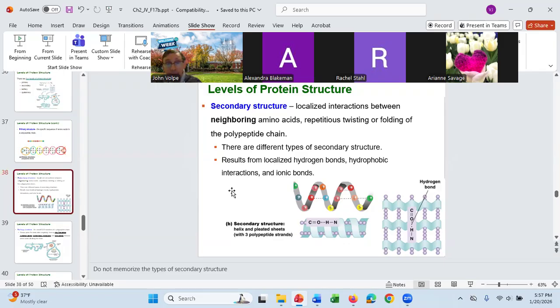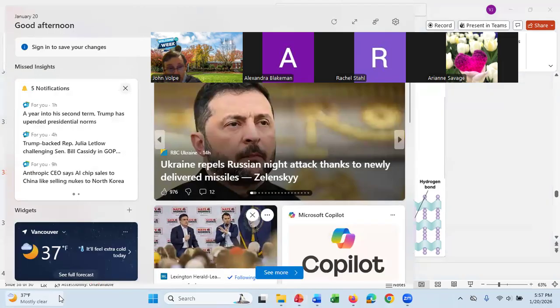These interactions can be either from forces of attraction or forces of repulsion. And that makes the secondary structure. There's actually three secondary structures: the alpha helix shown here, the beta pleated sheet shown here, and then the random coil, which they didn't talk about in the video.